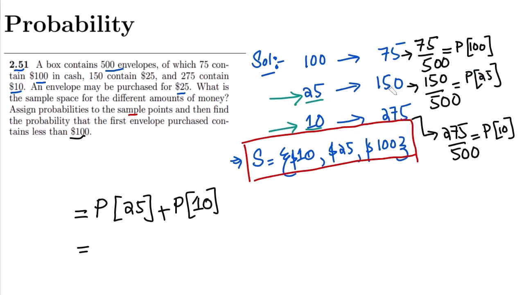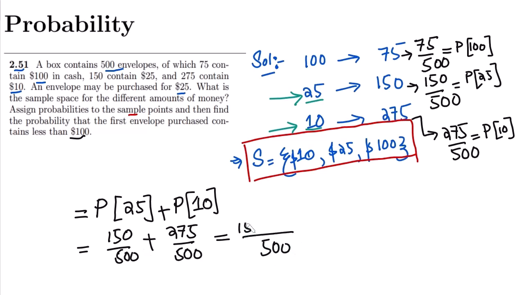The probability of $25 is 150 divided by 500 plus the probability of $10, which is 275 divided by 500. Ultimately adding them together, taking the LCM 500, 150 plus 275, at the end I will get 425 divided by 500.